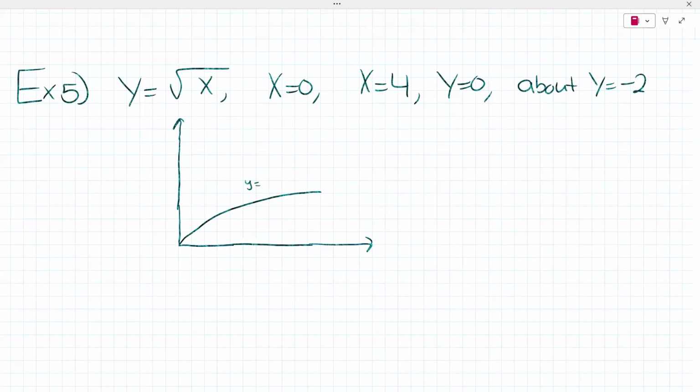So here's y equals square root of x, and the vertical line x equals 4 right here. And then the line y equals negative 2 is way down here.